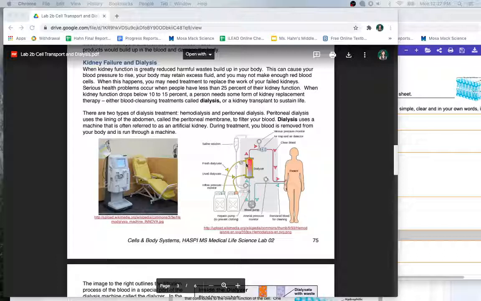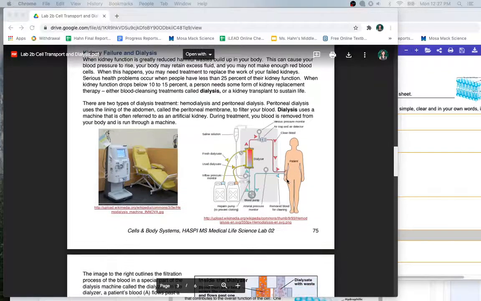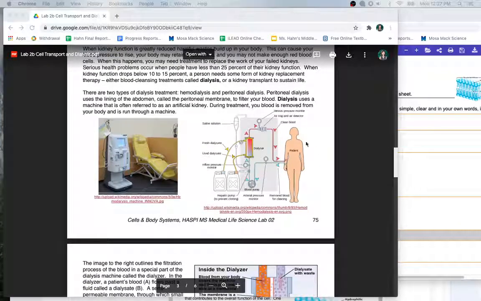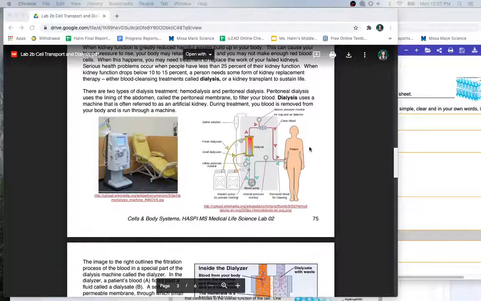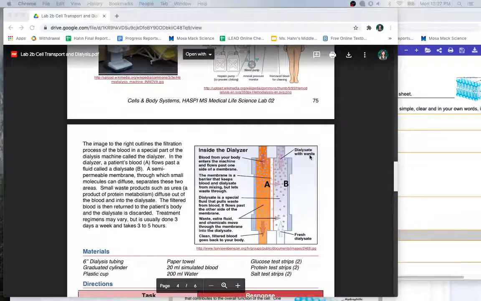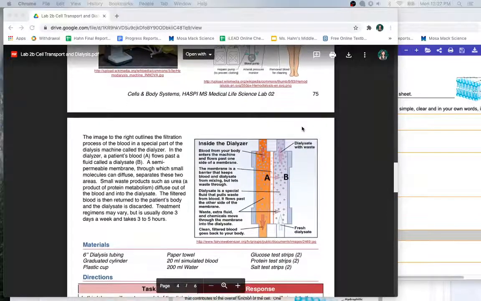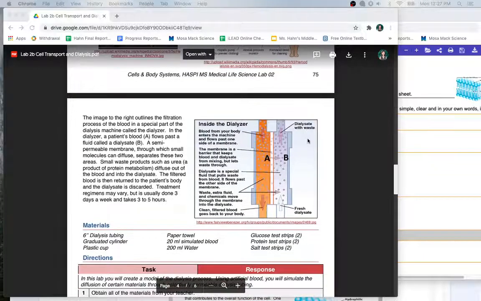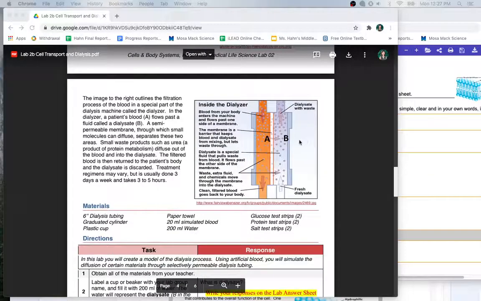This process takes several hours, I think 3 or 4 hours, and you have to go 3 times a week. So it's a huge treatment or inconvenience if your kidneys are not working, or you could get a kidney transplant if you are lucky.